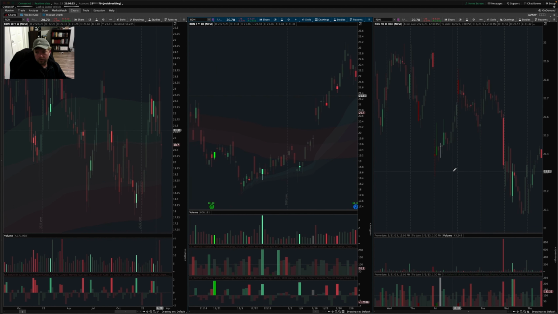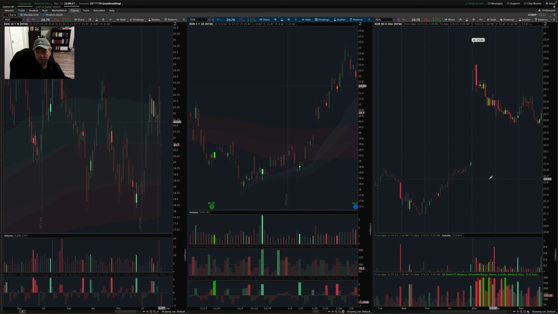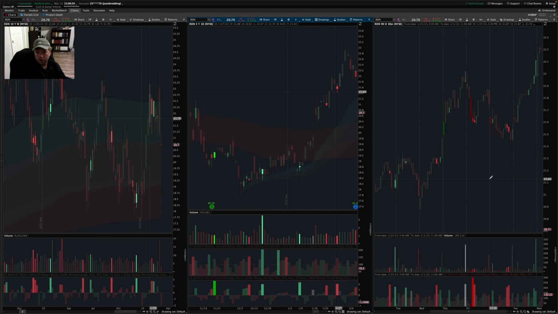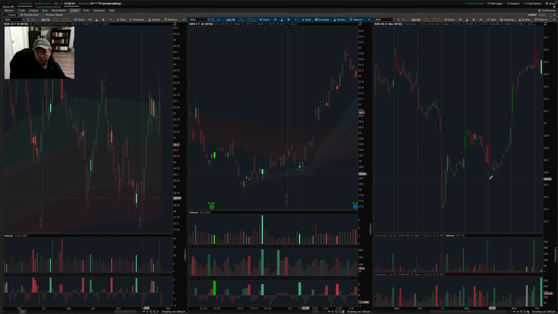And then on the 30-minute chart, if I can find the right place here, this was the volume signal day right here. We had an indecision candle where we moved up, then traded below the open, and then moved back up and closed near the open.